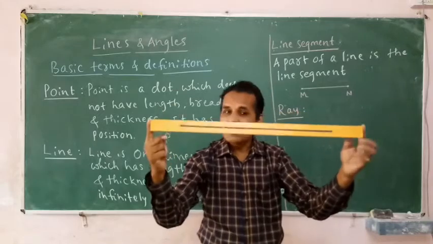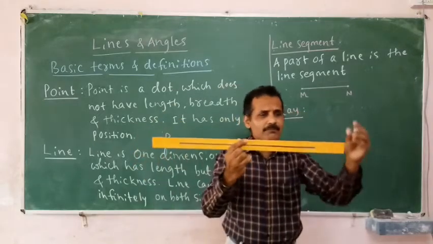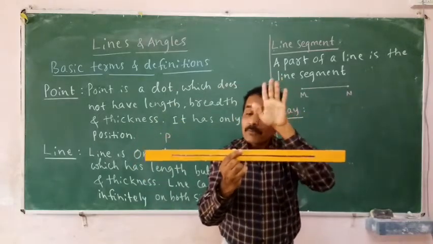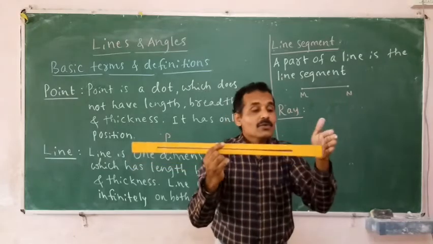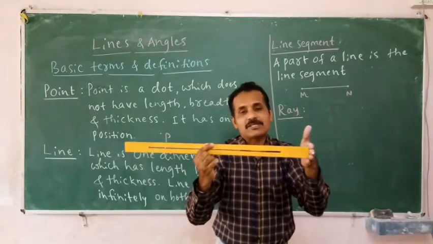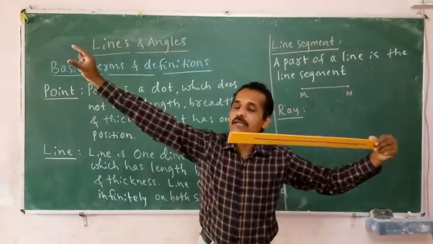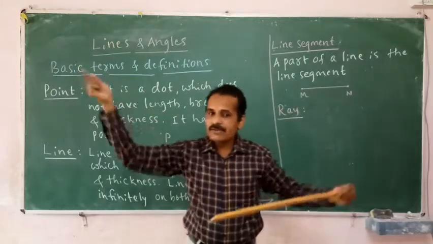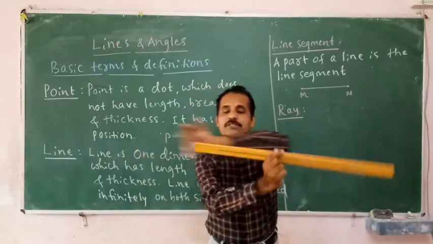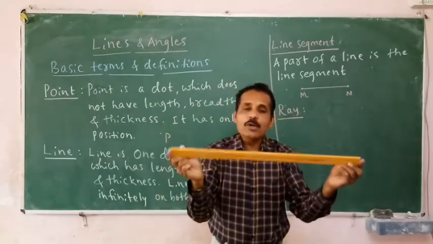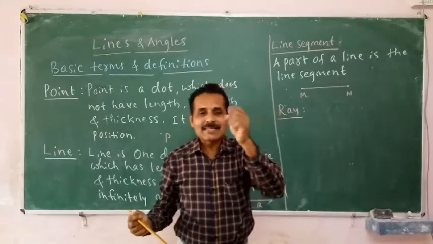This is the line segment. A ray is again a part of a line whose one end is fixed. That means this is a fixed end which can be extended on one side only. If extended on one side, it is a ray. Extended on both sides, it is a line. Endpoints are fixed, it is a line segment.